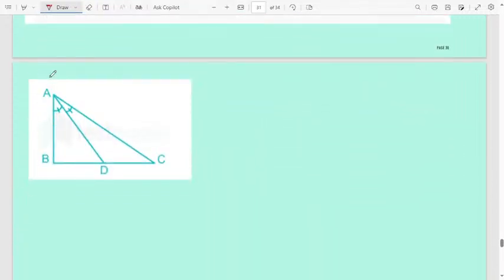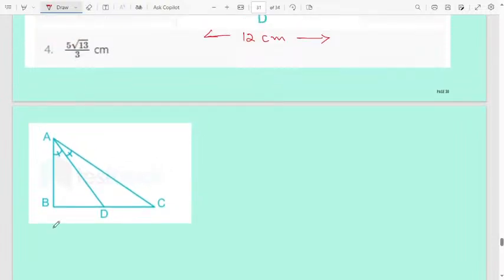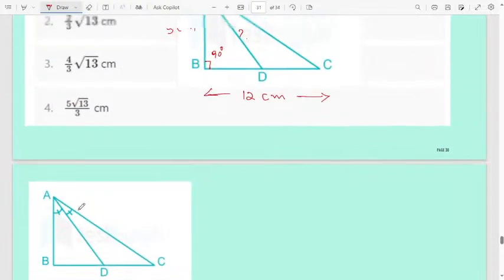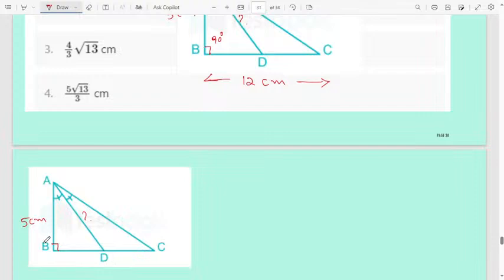Again I will write here, don't worry. I will write the values once again. This is 5 centimeter, this we have to find, this is 90 degrees, and this value is 12 centimeter.